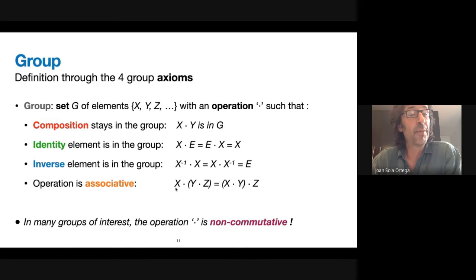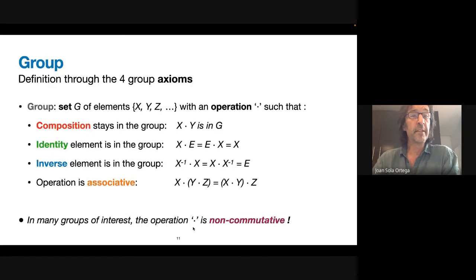They are usually very simple groups. And very quickly, the groups that are interesting, for example, when you go to 3D, the operation is non-commutative. In 3D, R1 times R2 is different from R2 times R1. You know this, okay? This is a group. It's not yet a Lie group.